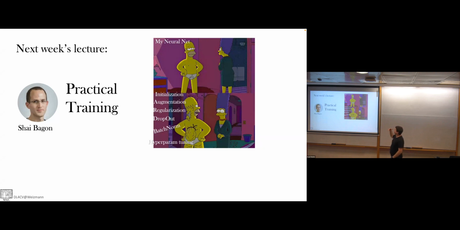Talking about ideal neural networks is one thing, but if you want to get things to work from an engineering standpoint, you'll have to use a bunch of tricks. You'll need to consider how you initialize the weights, use augmentation for your data, all types of regularization for the training procedure, know about dropout layers and batch normalization, hyperparameter tuning, and other things like this. This is the real practice.